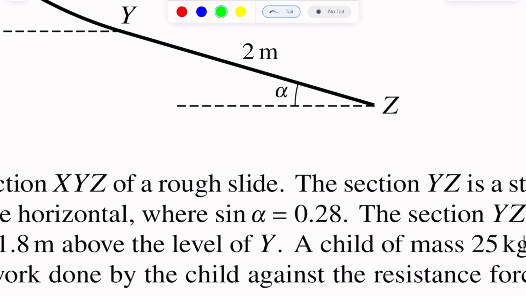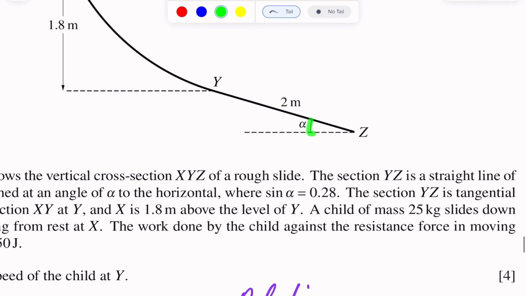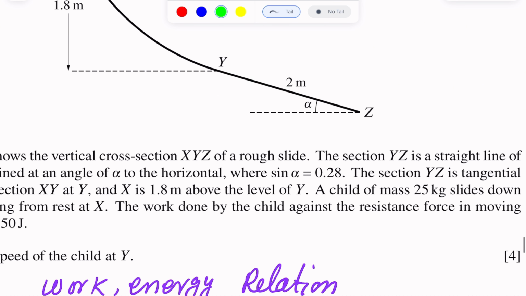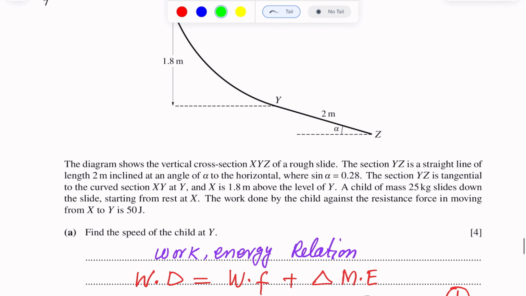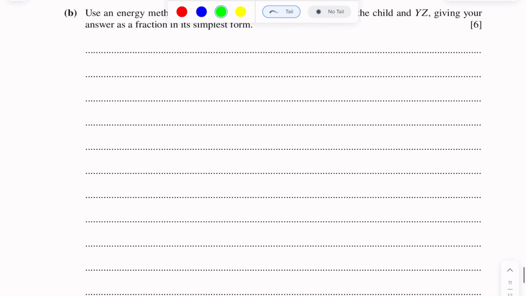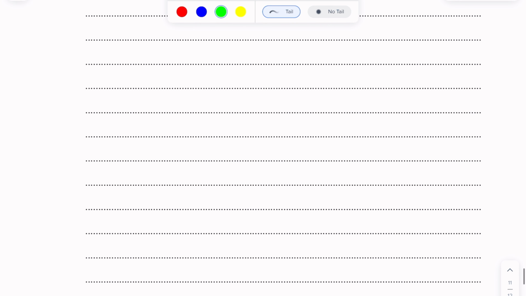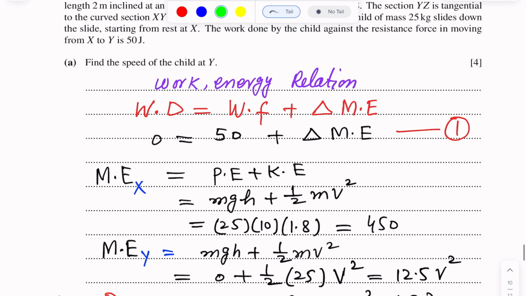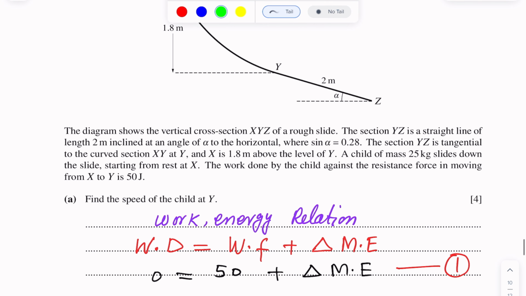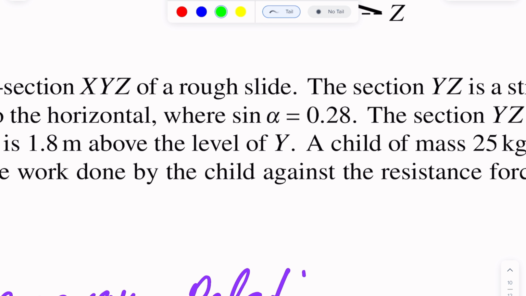The angle is given and this yz is also given, that is 2 meter, and the value of sine alpha is given as 0.28. We are making the diagram again. First we have to find the values of sine alpha and cos alpha. Sine alpha is given. We also need the value of cos alpha in this question.